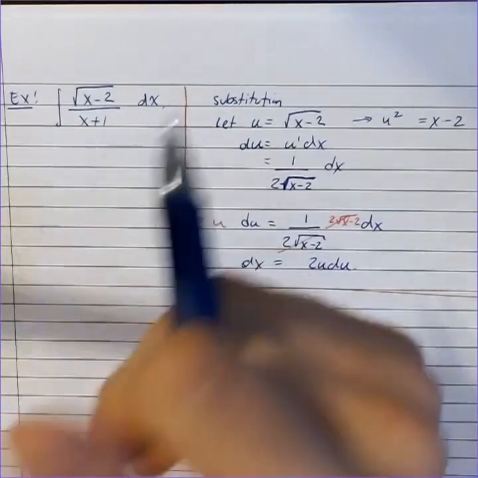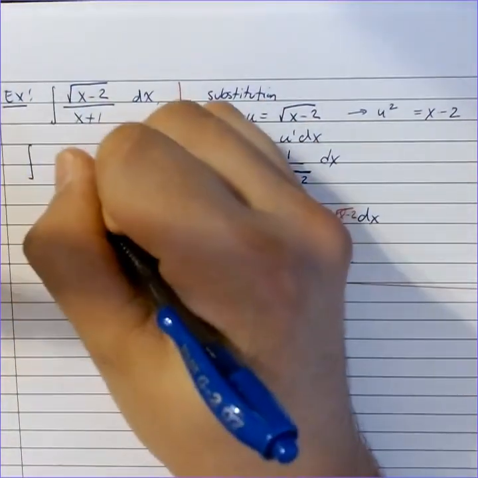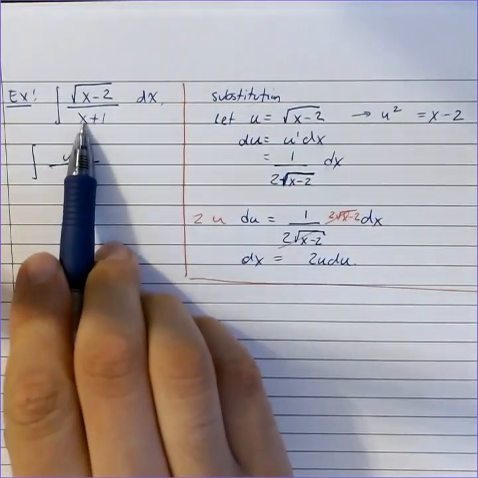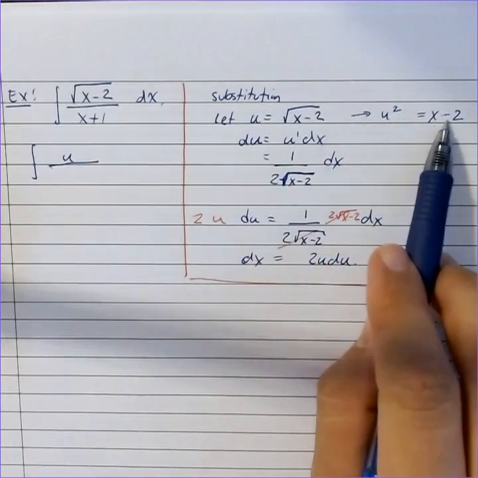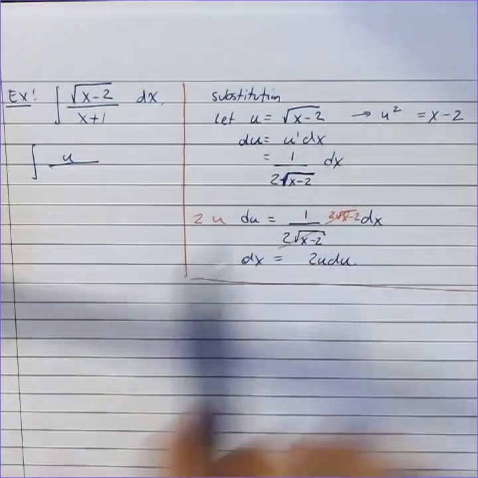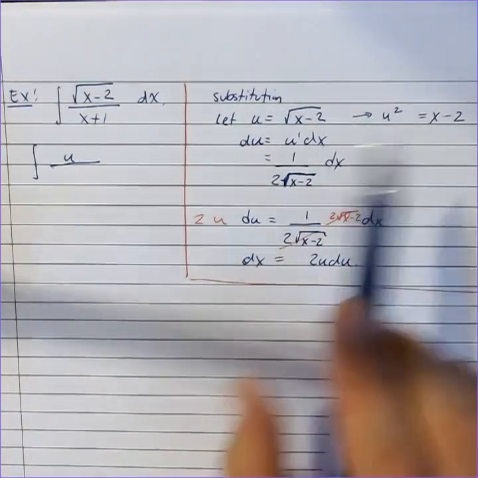Note that our numerator is just u now. That is just u. Okay, X right here. Well, look right here. If we have x minus 2, that's equal to u squared. So if I just add 2 to both sides, that means x is equal to u squared plus 2.